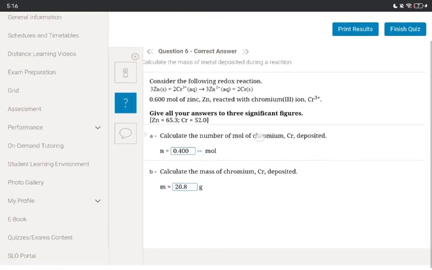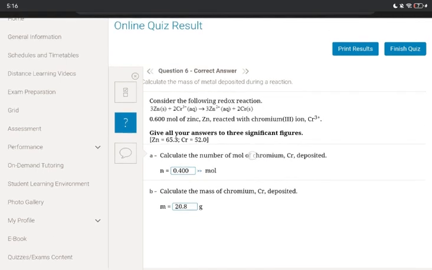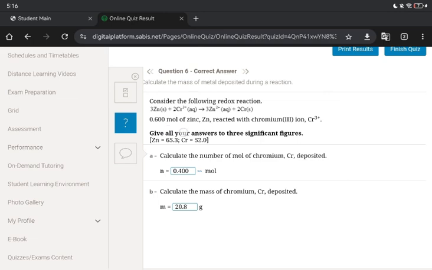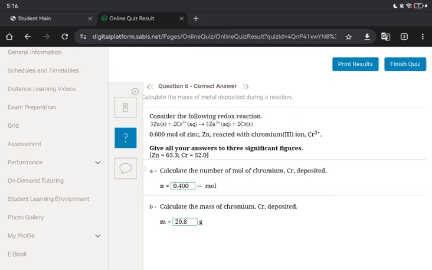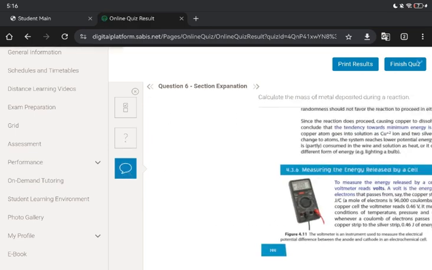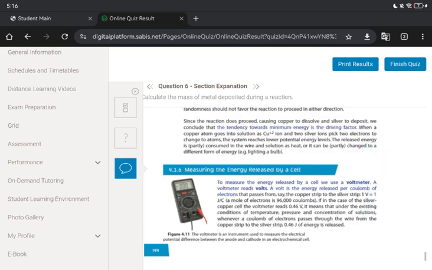Okay, here you have to use stoichiometry. So 0.6 moles of zinc react with chromium. Calculate the number of moles of chromium deposited. So it's what's called, the formulas, I'll show it now.